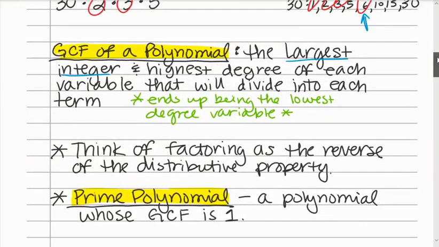Now, I want to go back for a second to one of your definitions that we talked about at the very beginning. I want you to look at this section here: highest degree of each variable that will divide into each term. So that is saying we're looking for the GCF with our variables.